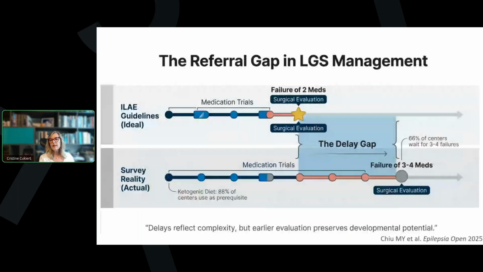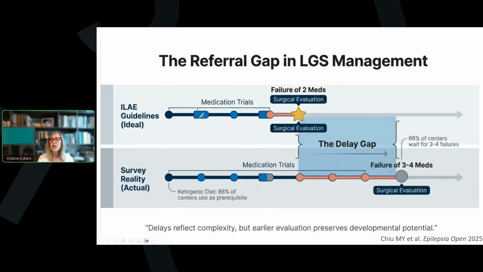And this is very interesting, from last year, 2025. This is the referral gap in Lennox-Gastaut management for these patients. These are the international guidelines: if these patients fail 2 medications, they must go to surgical evaluation. But we do not see that in reality, because we see these patients going through many medication trials, and there is a delay gap before surgical evaluation.